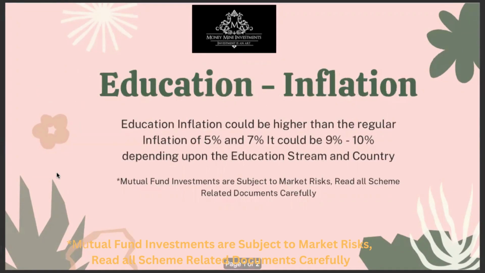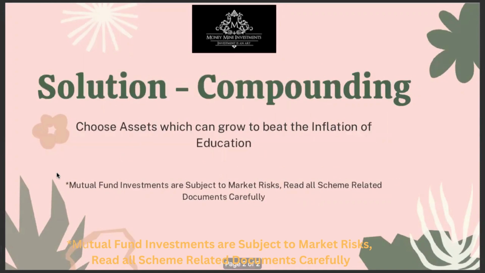This is the problem, and the solution is to choose assets which can grow to beat the inflation of education. So we have the inflation number of education roughly. Try to choose an asset class which can at least stay with the education inflation number, or if at all possible beat it, which is great actually.